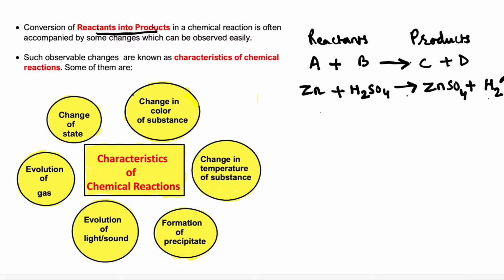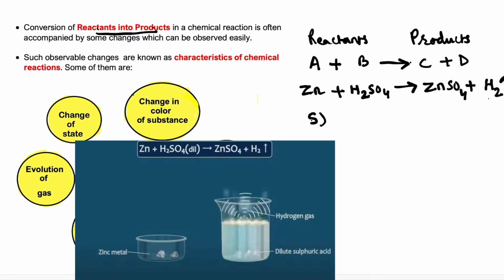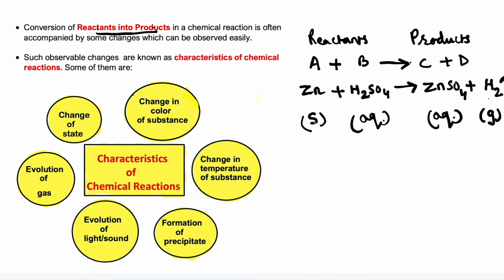In this chemical reaction, zinc metal is solid, and dilute sulfuric acid is aqueous. It formed zinc sulfate, which is again aqueous, along with the evolution of hydrogen gas. Here S stands for solid, AQ for aqueous, and G for gas.